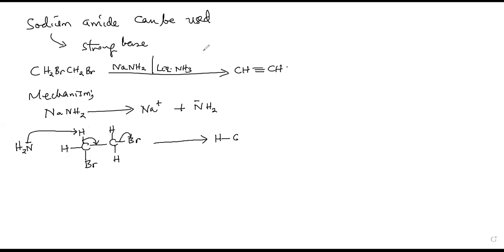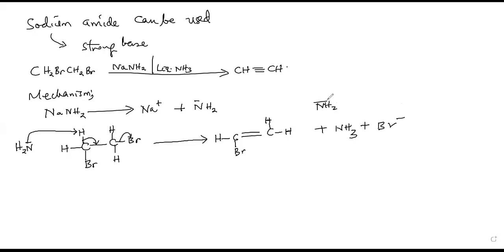So we shall form HC Br, then we've created a triple bond here, then CH2, of course, plus ammonia, and then plus a bromide. So you bring back the amide.